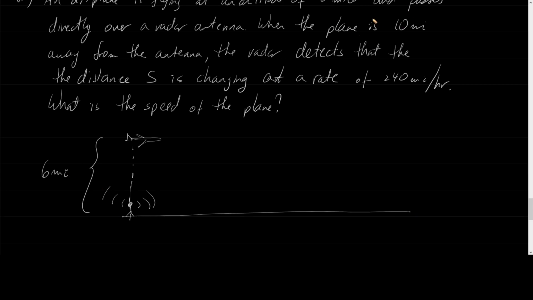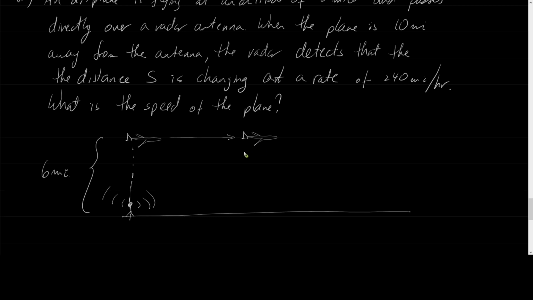And then it says when the plane is 10 miles away from the antenna. That means that at some point this moved away, right? So let's say that this is flying this way, and I can just copy and paste my awesomely drawn airplane. And look at that.